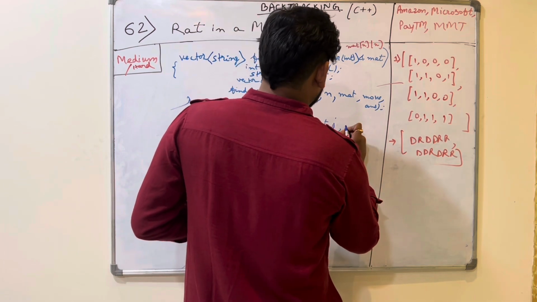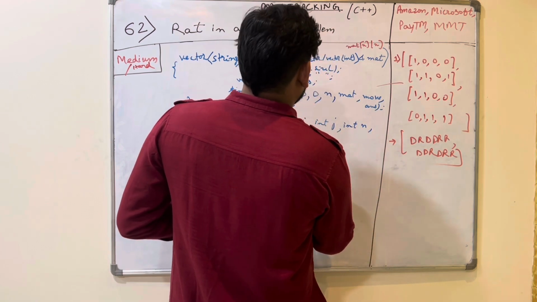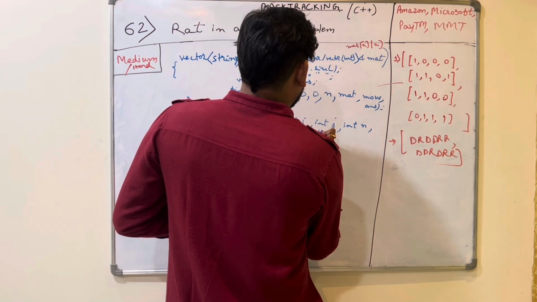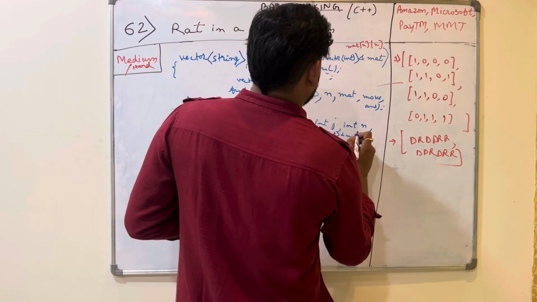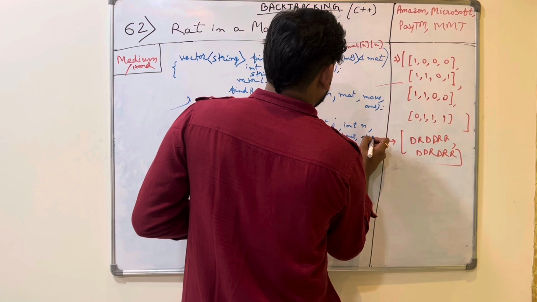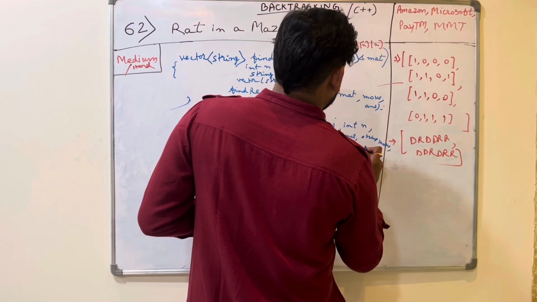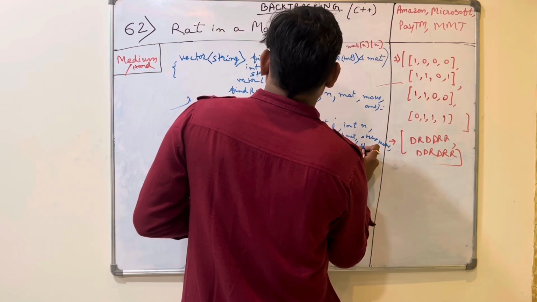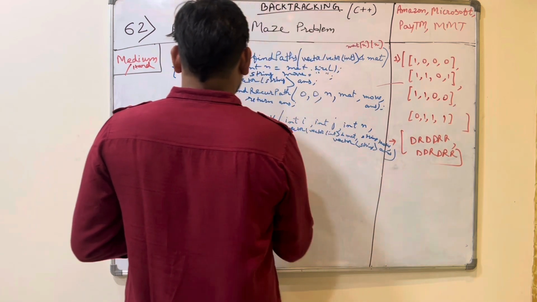Then this is the size int n, and this is our matrix that is given, vector of int mat, and then string move that will change, and then we have vector of string answer.